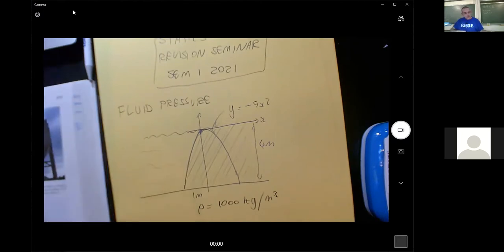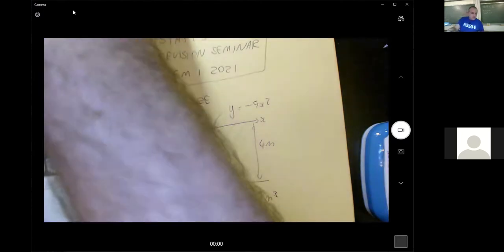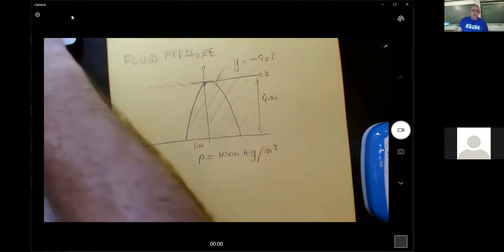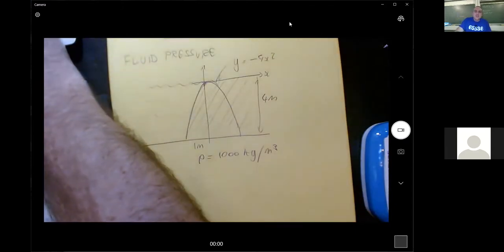And actually, I should get it from your notes. Does anyone remember what it is off the top of their head rather than having to look it up? Rho g h. Awesome. That sounds reasonable. Oh, there it is there, rho g h. Gotcha.